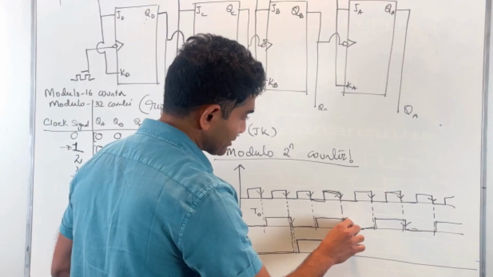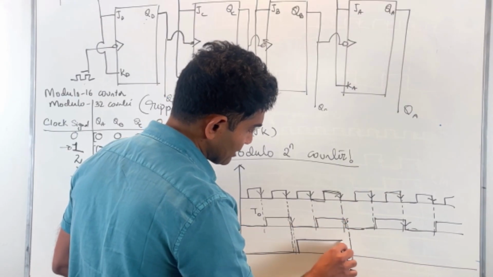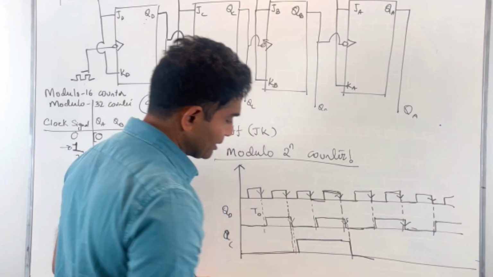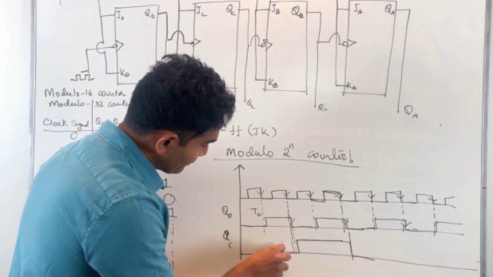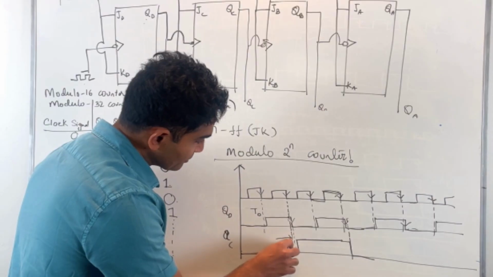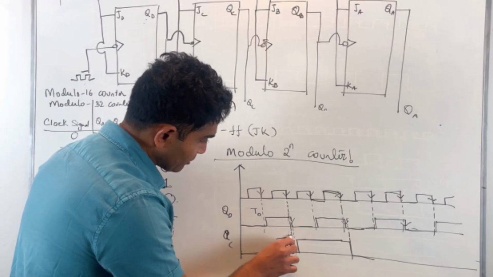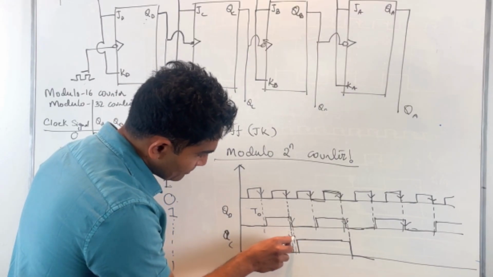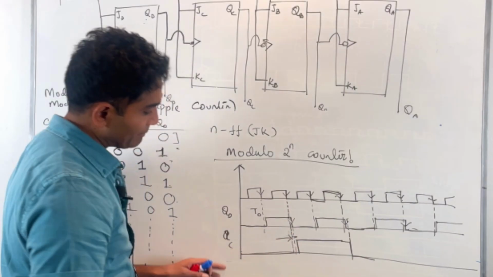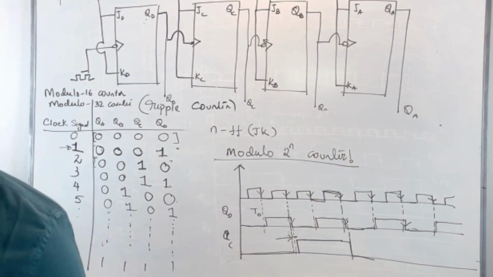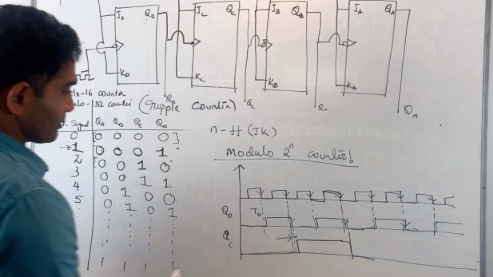Same thing here, and so on. So you can see my timing delay for QC got added up. That is TD plus another TD, so the timing delay for QC with respect to the master clock is 2 times TD.